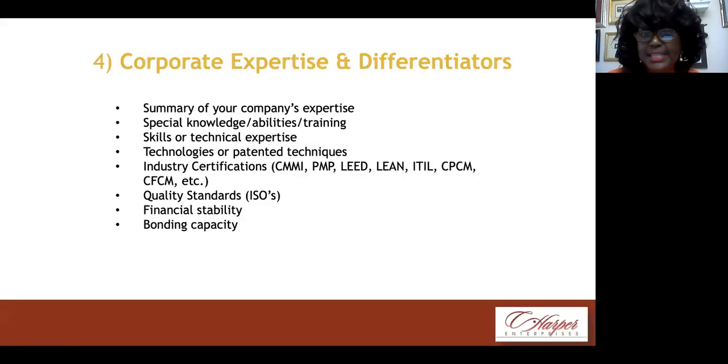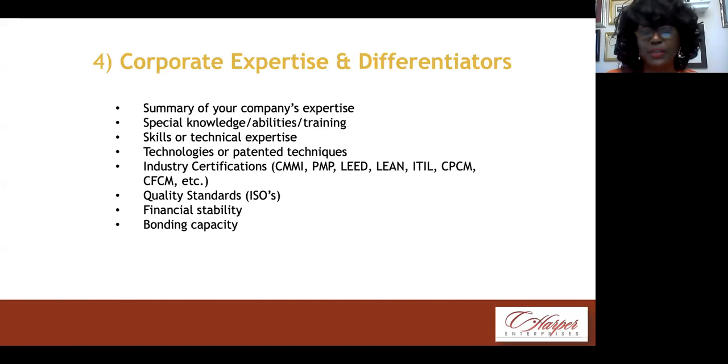Your corporate expertise and differentiators. The summary of your company's expertise is very important. Summarize the things that your company is an SME, a subject matter expert, in. Special knowledge, abilities, and training. Again, what is the special knowledge you have? Are you ISO 9000 certified? Have you worked on a special secret mission with your company? What are the skills or the technical expertise? Are there any technologies or patented techniques?